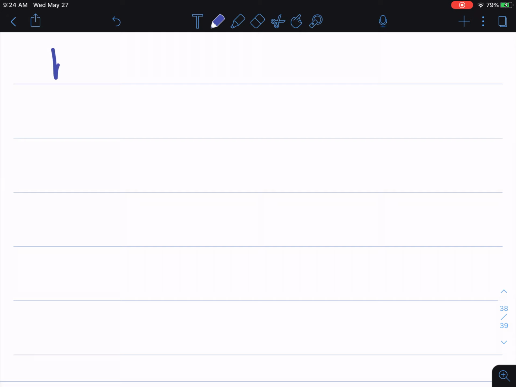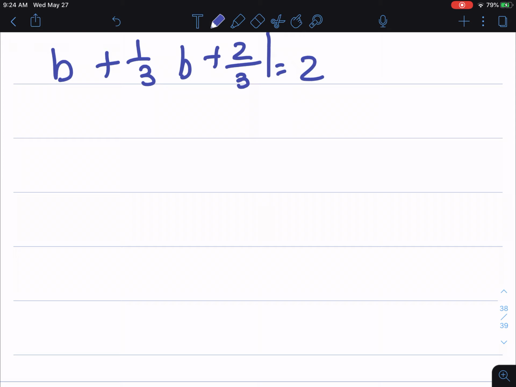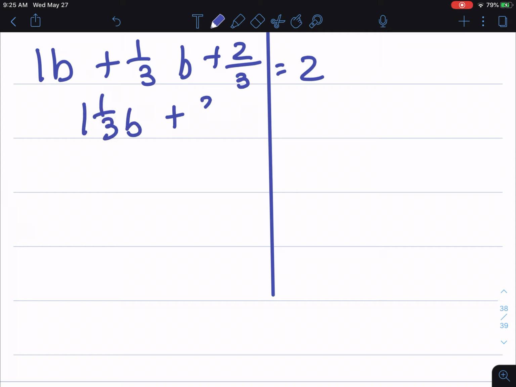is b plus 1/3 b plus 2/3 equals 2. Ooh, that's an ugly number. Draw my dividing wall here. On the left side, first I'm going to put invisible 1 there. On the left side, I see I have these like terms that I can combine. 1 plus 1/3 b is 1 1/3 b plus 2/3 equals 2.